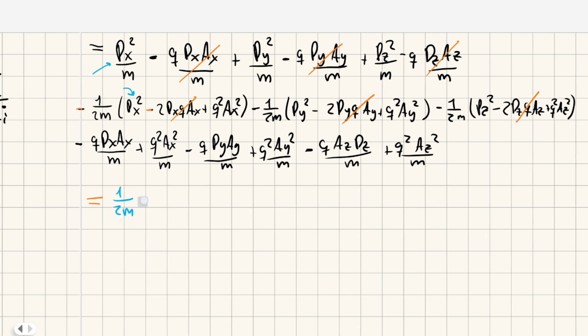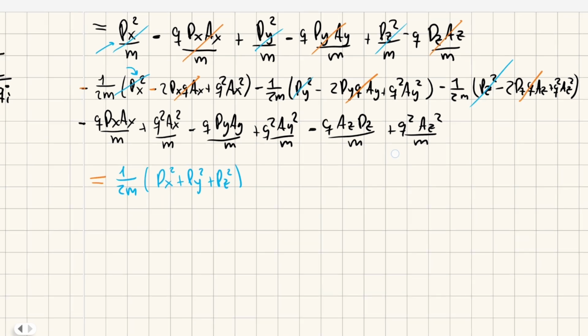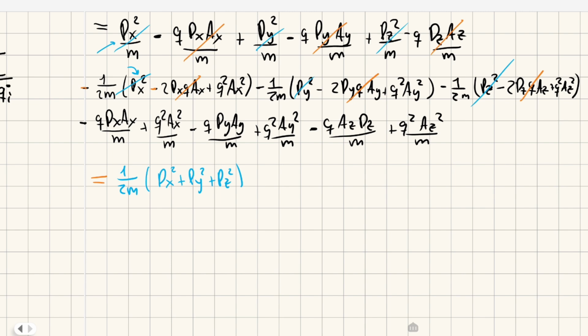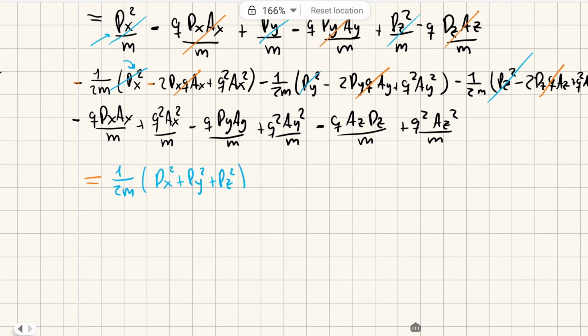And again, that will happen the same with the y and z elements, so we will get here px squared plus py squared plus pz squared, right? So that is for this, and this.